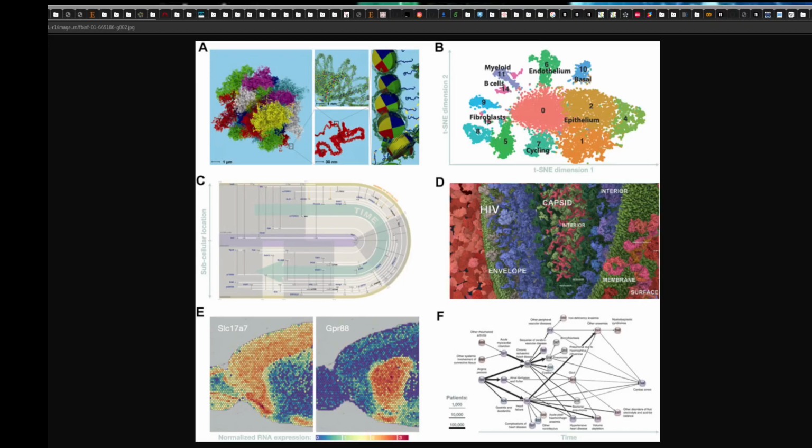Uhlen, M., Zhang, C., Lee, S., Sjöstedt, E., Fagerberg, L., Bidkhori, G., et al., 2017. A Pathology Atlas of the Human Cancer Transcriptome. Science 357, eaan2507. DOI 10.1126/science.aan2507. PubMed Abstract, CrossRef Full Text, Google Scholar.